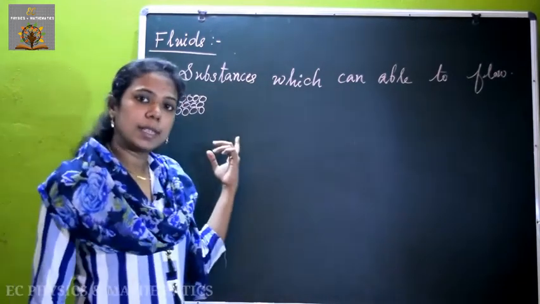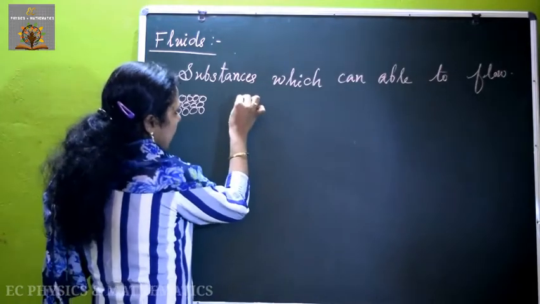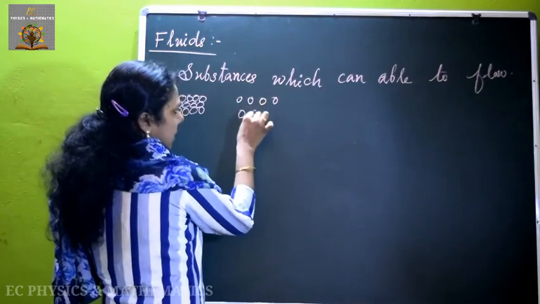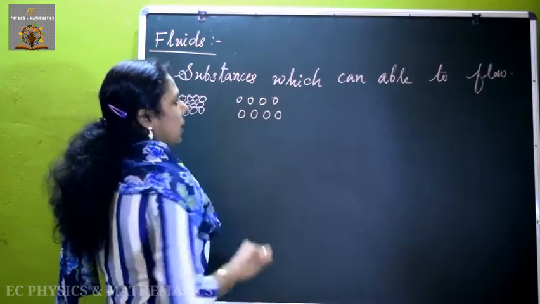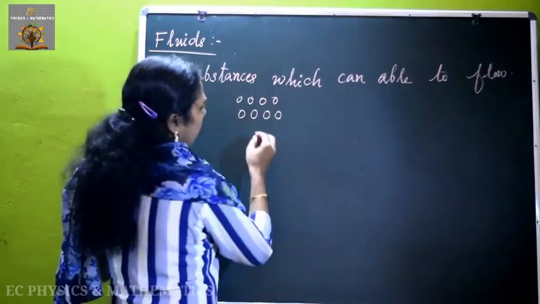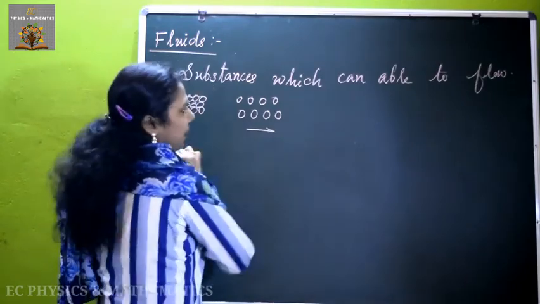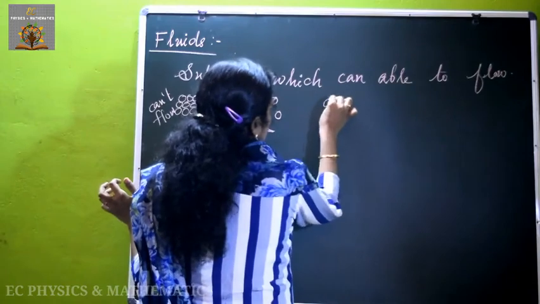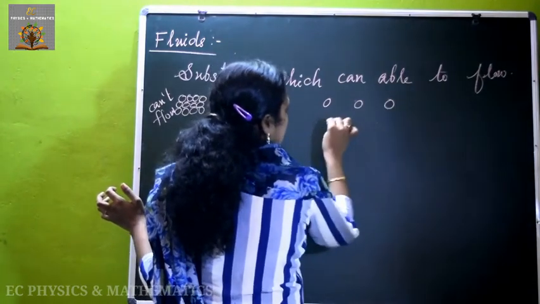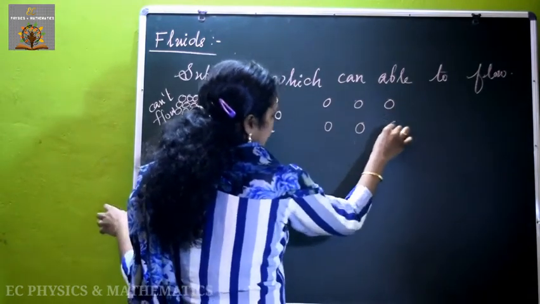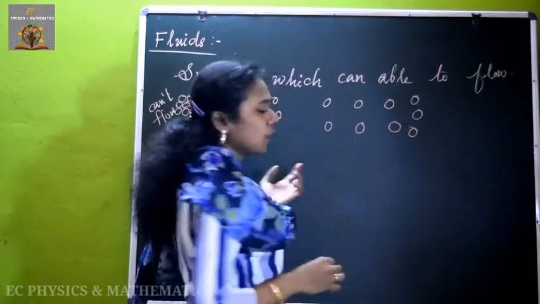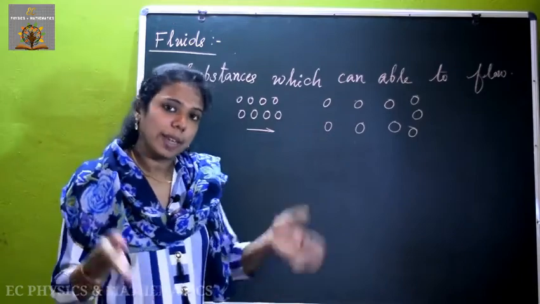Then liquids. In liquids, there is some distance between the atoms, so they are able to flow. Next is gas. The intermolecular distance is very high in gas molecules, so they can move very easily.